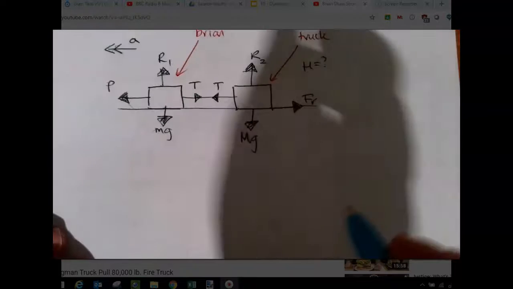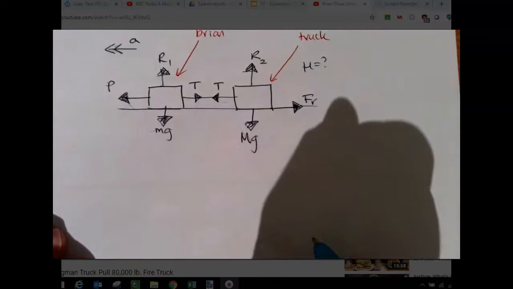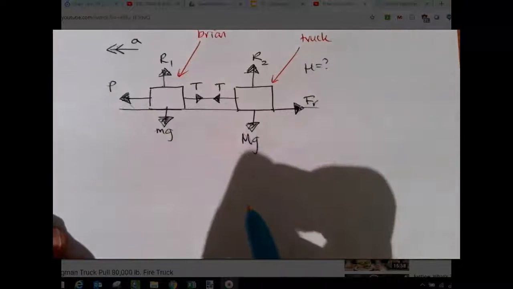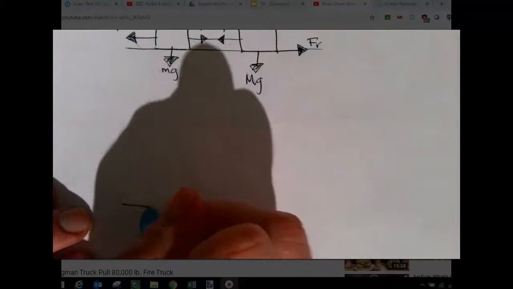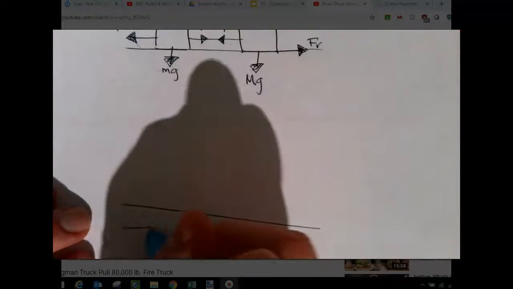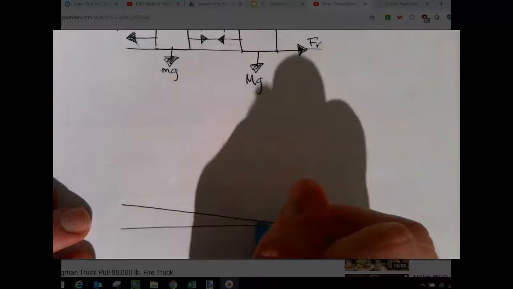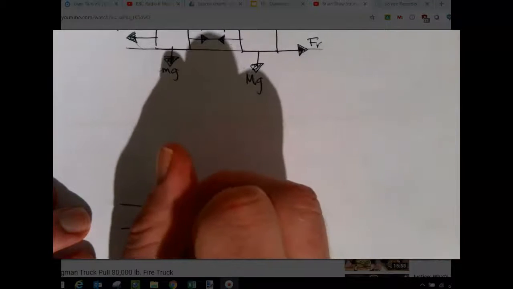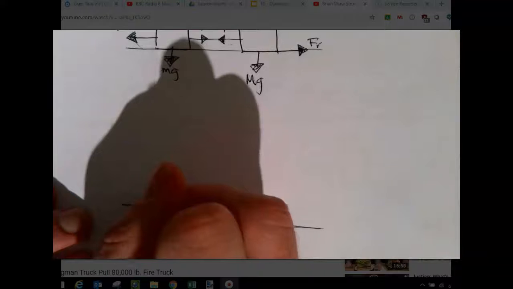But if we were doing this over several lessons, what I'd do is just build up with this example, because if you're listening to the commentary, at the beginning he said it was going up a slight slope. So we could try the same thing, but try it at a slight slope of angle theta. So Brian again pulling the truck.